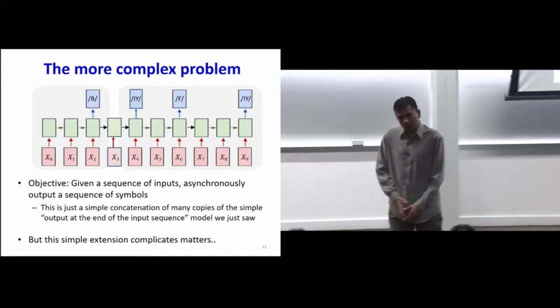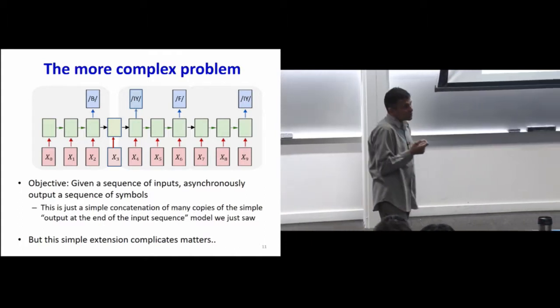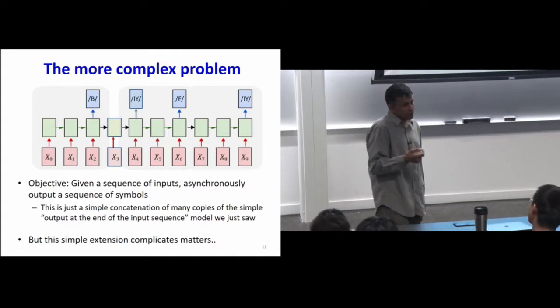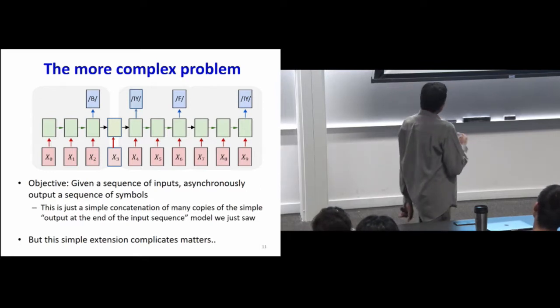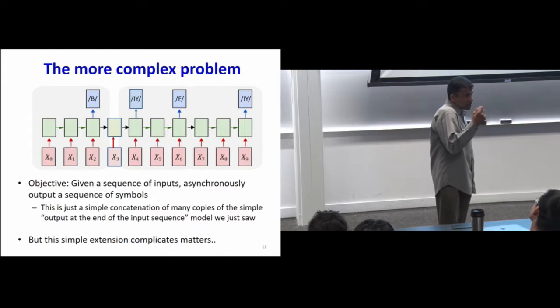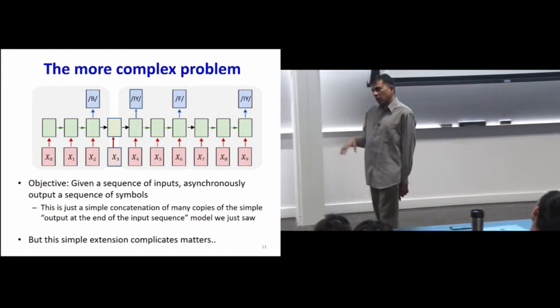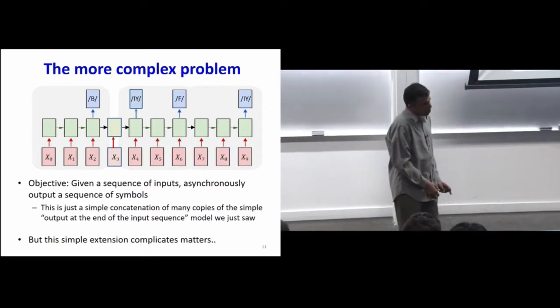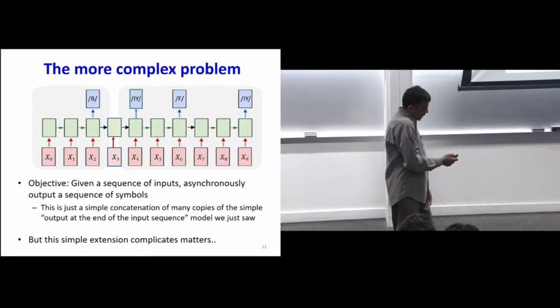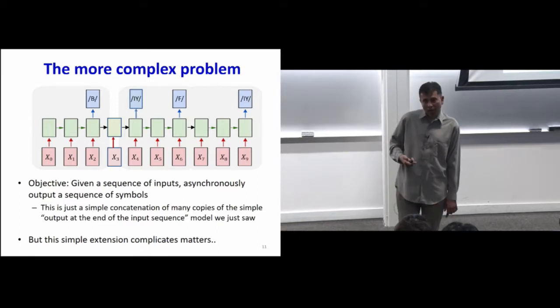Now here the problem is the input is coming in continuously. At which point do I produce the symbol B? At which point do I produce the symbol E? This is not clear. The simple extension of the model into continuous output complicates matters because I have not indicated the boundaries at which the symbols must be output.